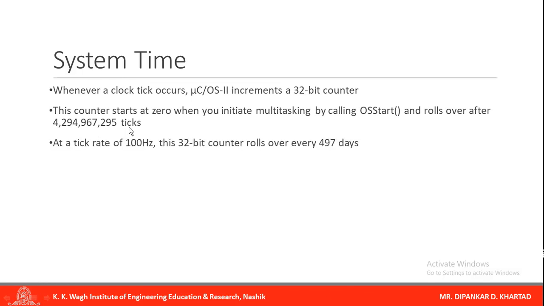At a tick rate of 100 Hz, this 32-bit counter rolls over every 497 days, because if the tick rate is 100 hertz, then the tick time will be 1 upon 100 second. Now 1 upon 100 second, it will roll over after this many ticks, which takes 497 days.